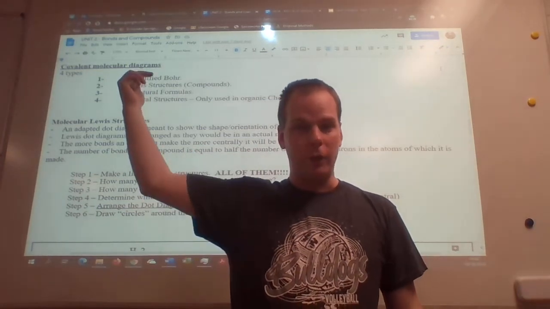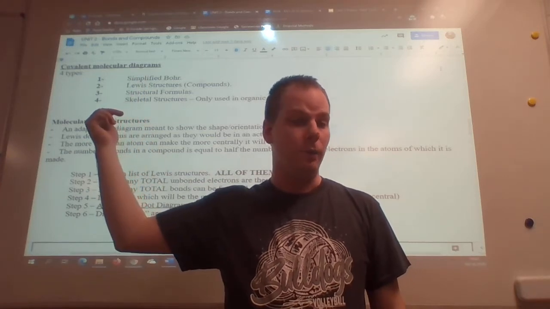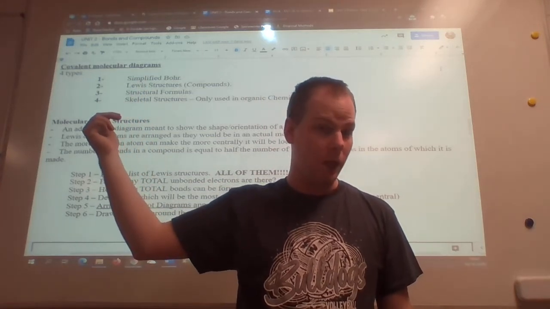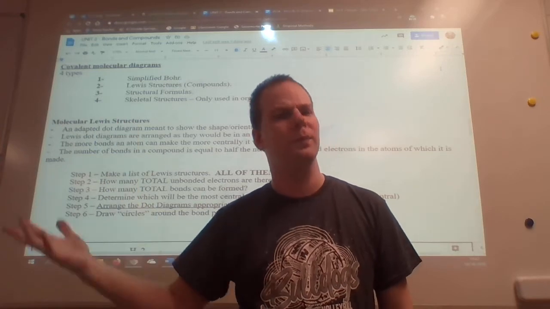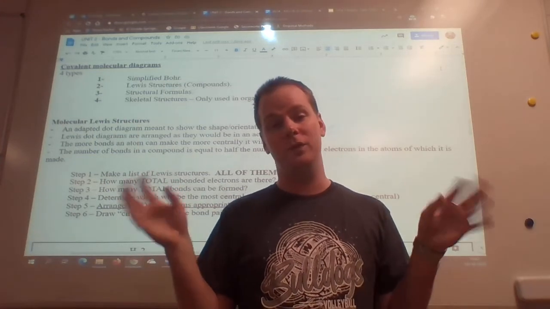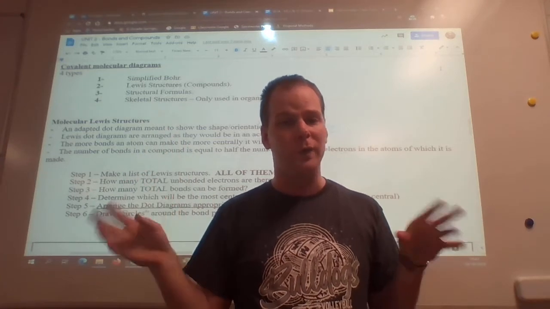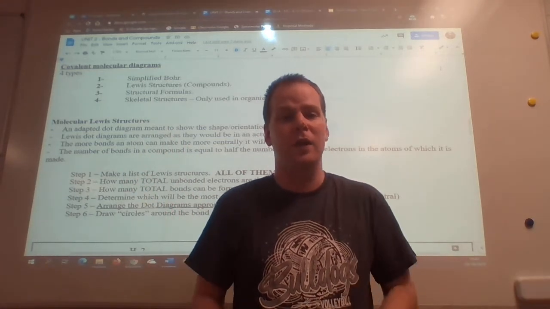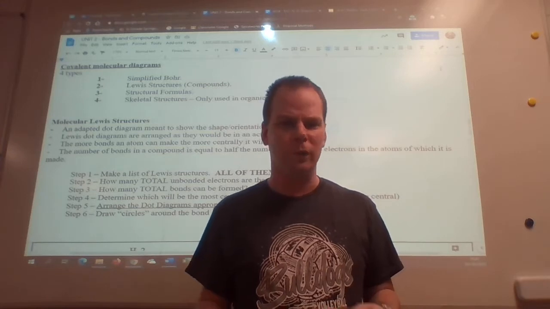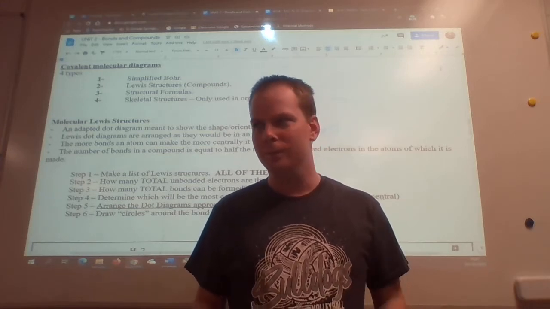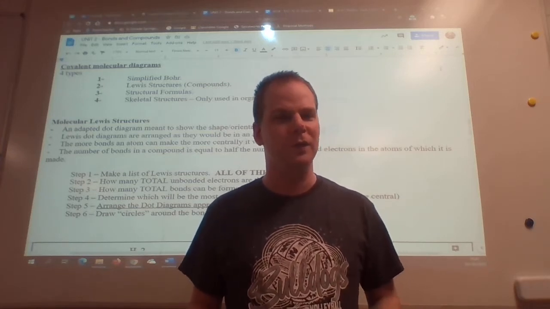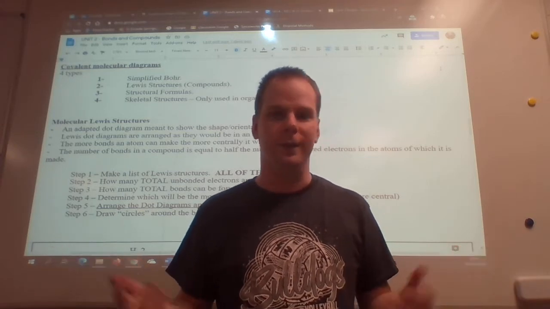So as we work down this list, they become more applicable for larger molecules and more confusing for simpler molecules. Just ask my Chem 2 class about skeletal structures for really, really small stuff like methane or ethane, and they'll tell you they can actually get more confusing for small stuff. They'll probably still say it's confusing for big stuff too, but there's not much I can do about that.